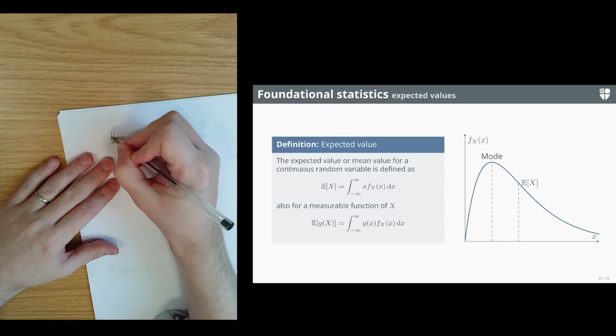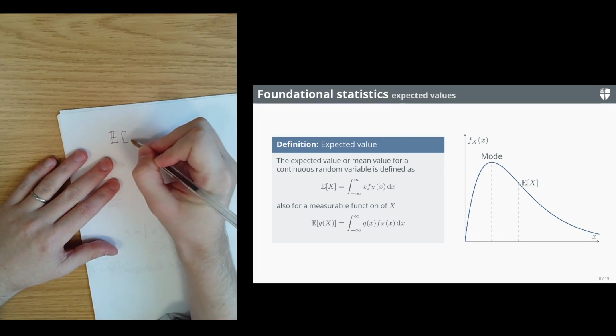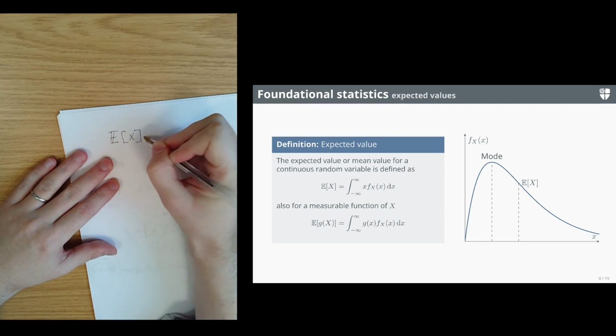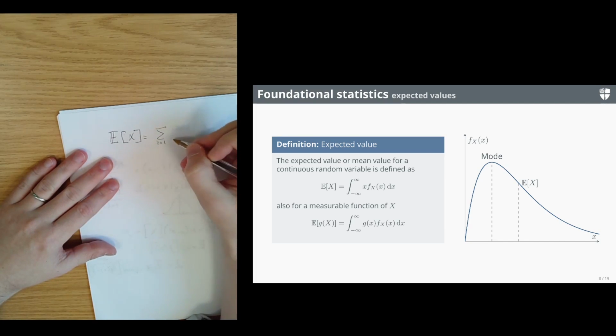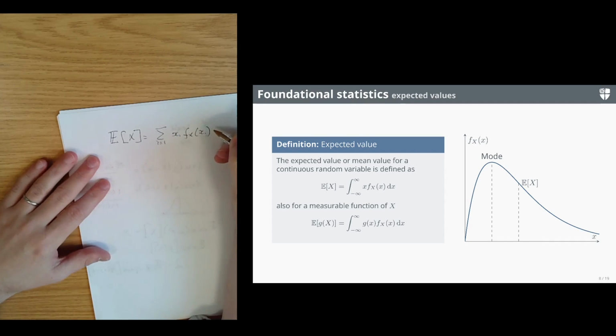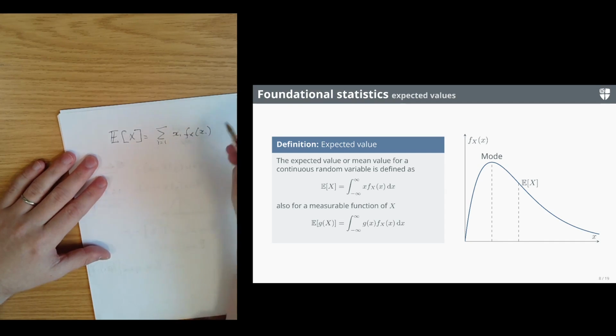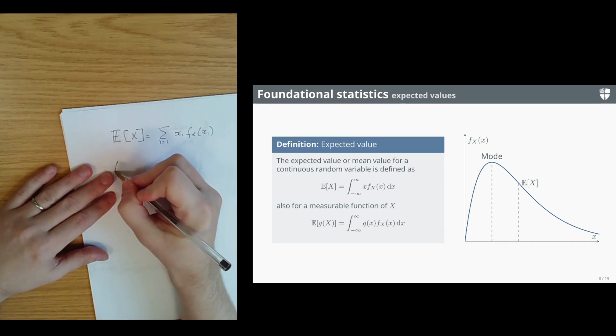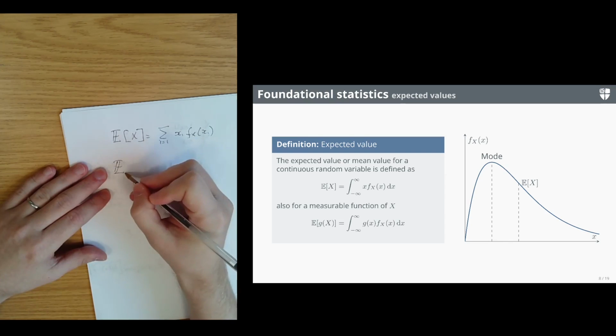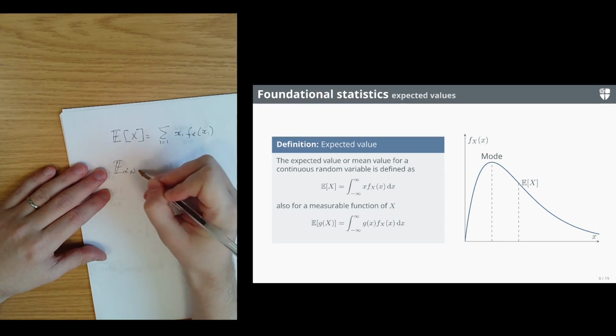Just say the expected value of x equals summing i equals 1, and then we would just do x times the probability of little x_i. So let's just do this now. So it's the value of the die times the probability, and in this case this is just 1/6 because it's a 6-sided die. So we would say a die is from a uniform distribution, it's not a biased die, it's not like you can cheat with it.